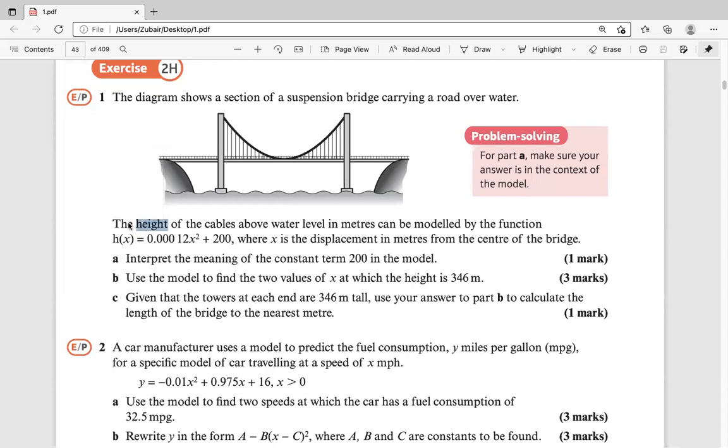No, I was going to ask which part do you want me to explain? First part, interpret the meaning of the constant term 200.